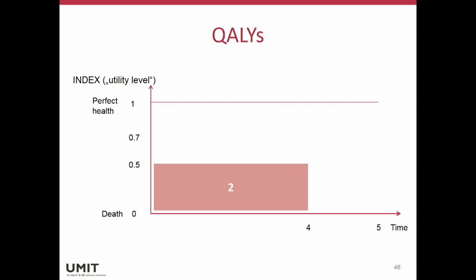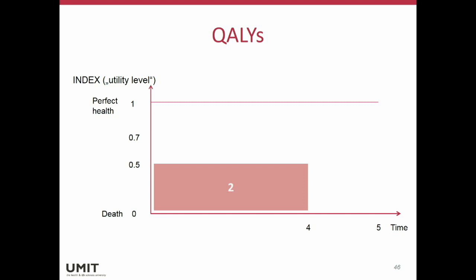And on the y-axis, you see the quality of life index, and index in this case means a single number, because quality of life can have different dimensions. You can interact after an amputation, but you cannot walk as well. But summarizing this in one number, and there are methods to do that, one of which I will show you, gives me a number between 0, like death, and 1, the best possible health.